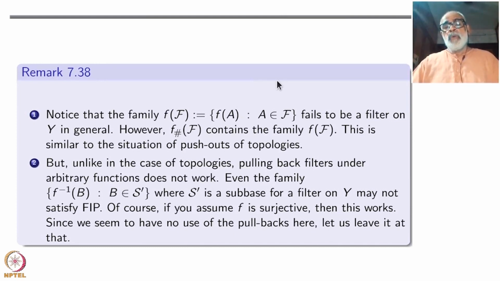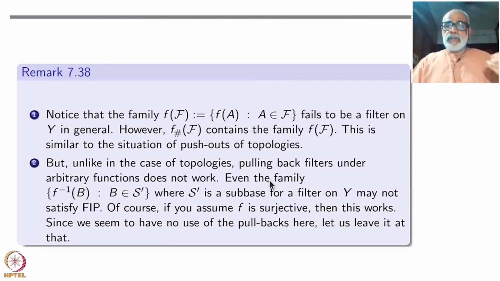Remember, if Y is a topological space, X is some set, and f from X to Y is some function, then I can take inverse images of open subsets in Y. They themselves form a topology on X. That was a nice situation. Here it doesn't work. Not only that, we don't need it at all.